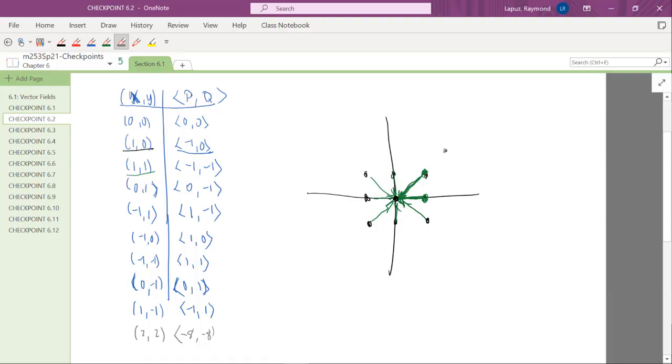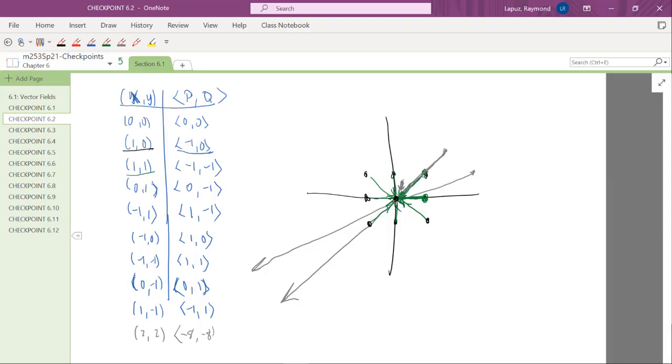So if we're over here, this is only 2, 2, but this goes all the way down to negative 8. And so your vectors would look a lot longer than this. And it looks like wherever you are, the farther you are, the longer those vectors will be. The closer you are, the shorter it will be, but it looks like it'll always be pointing towards the origin. Okay.